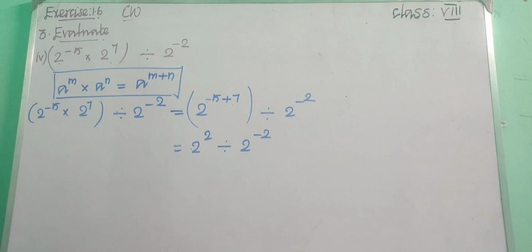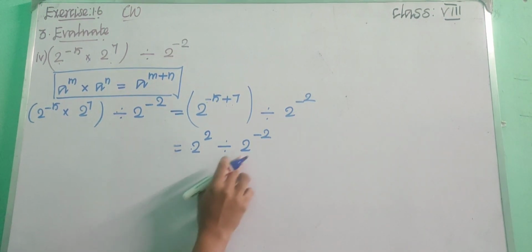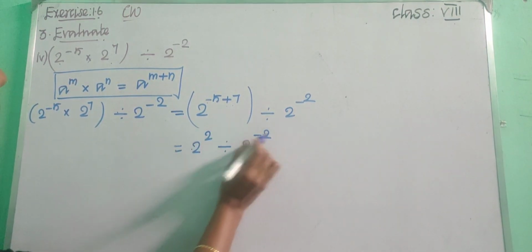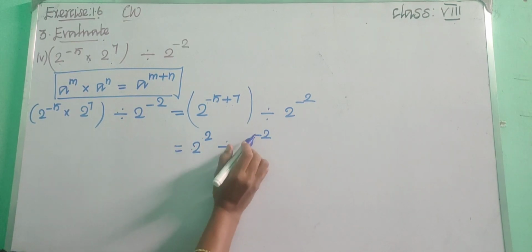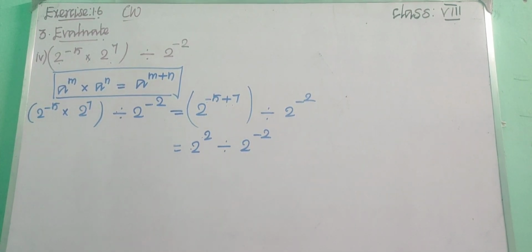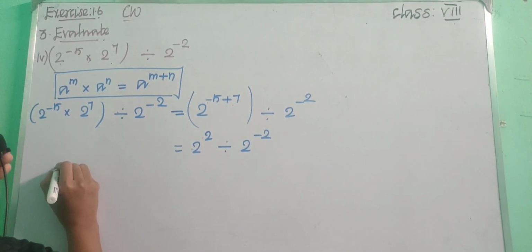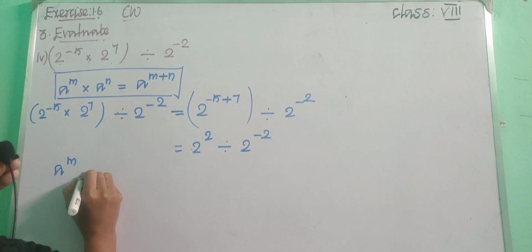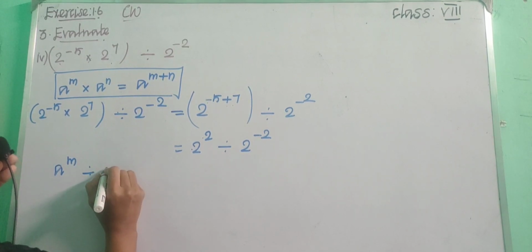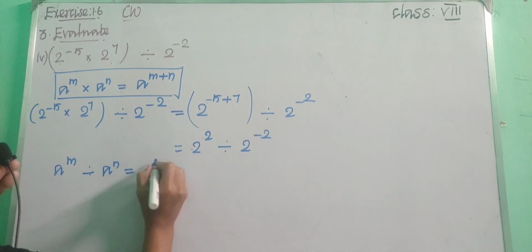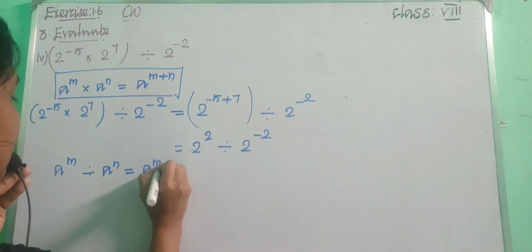Okay children, now see, same bases but the powers are different, right? Here we have 2 and here we have minus 2. So we can use the quotient rule. How will you write it? a power m divided by a power n is a power m minus n.